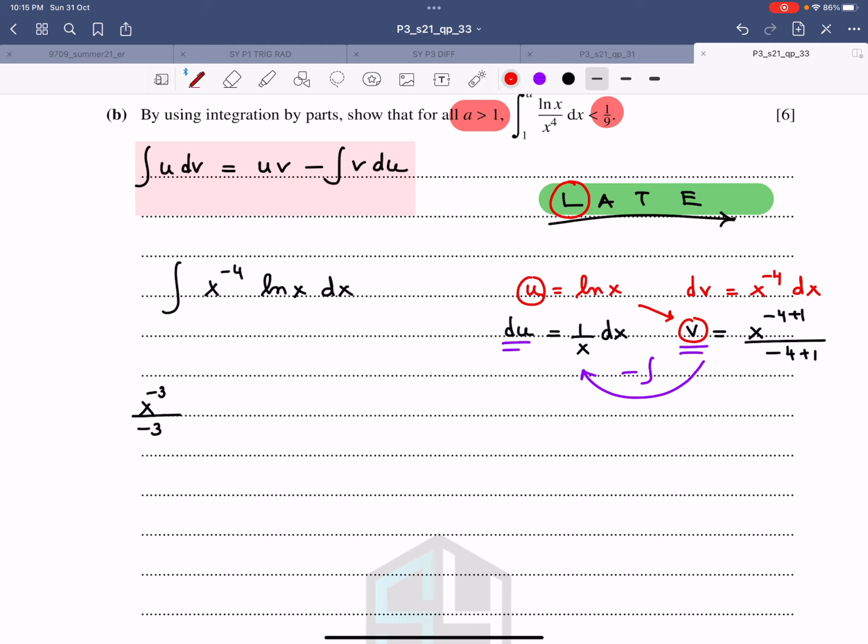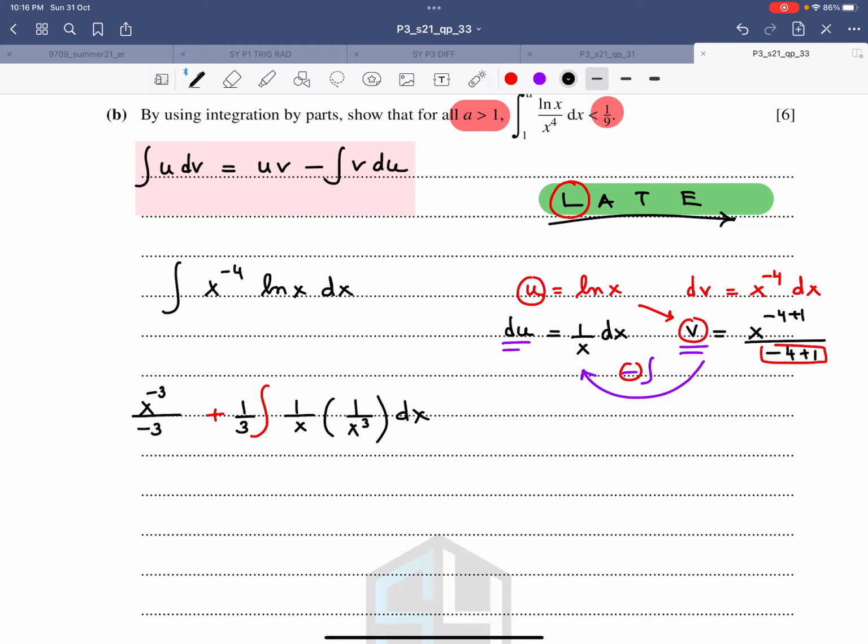This negative 3 becomes a positive. So that is the first thing. Then the integral sign. And when I multiply this, this is 1 over x into 1 over x cubed. And do not forget this positive 3. So therefore 1/3 comes on the outside.